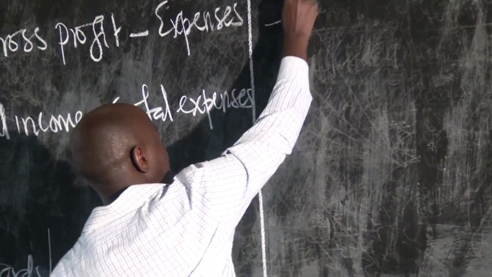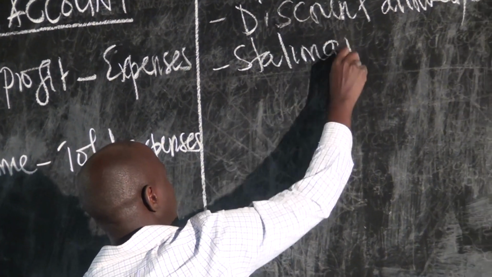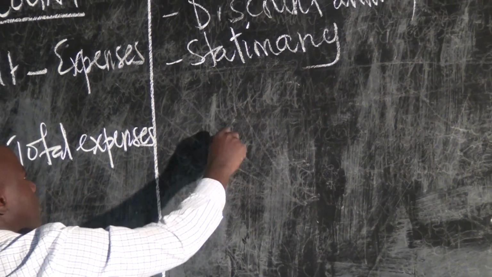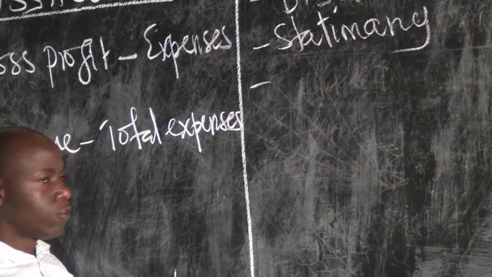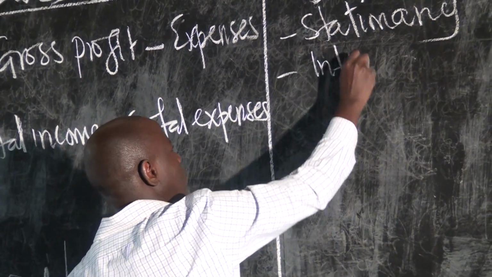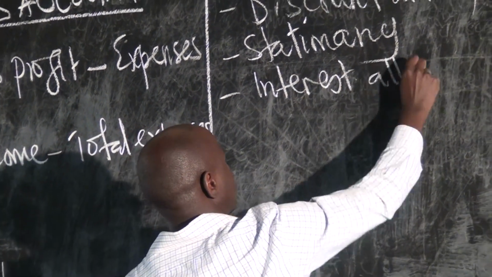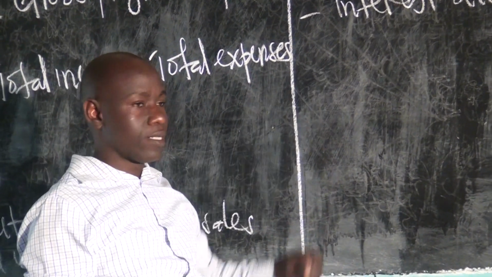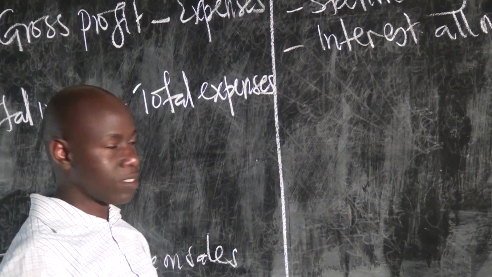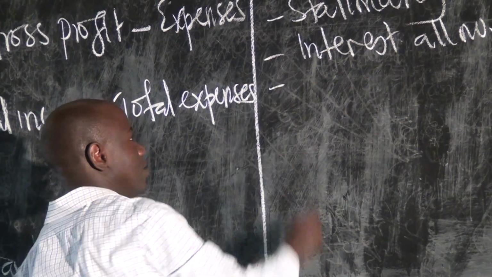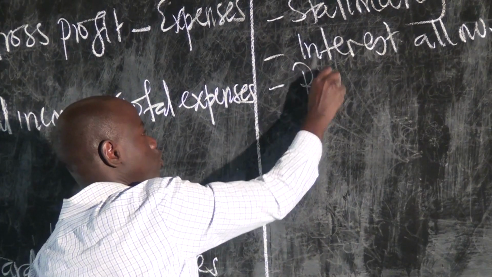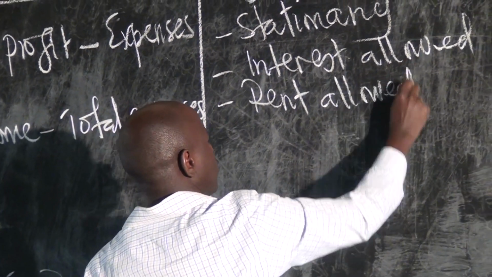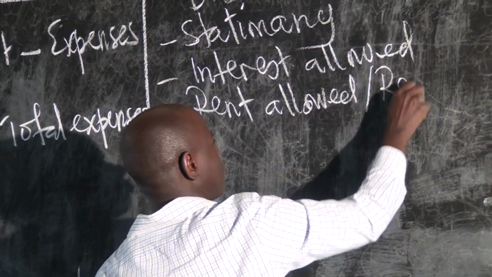I may talk about stationery. The business spends money on stationery. We may have interest paid. The business could have acquired a loan and it had to pay the interest to the bank. We have rent, some people just call it rent.